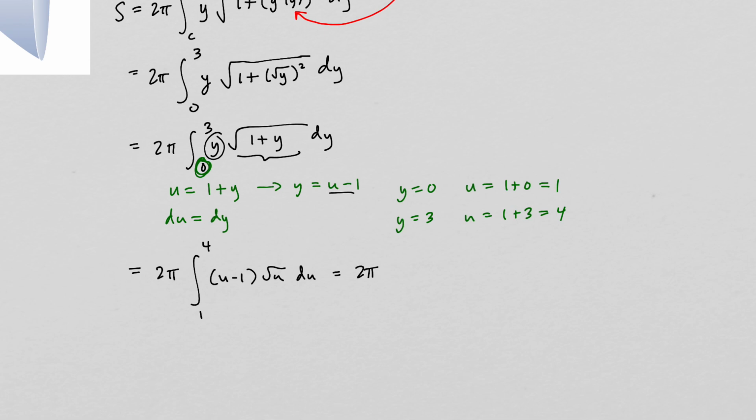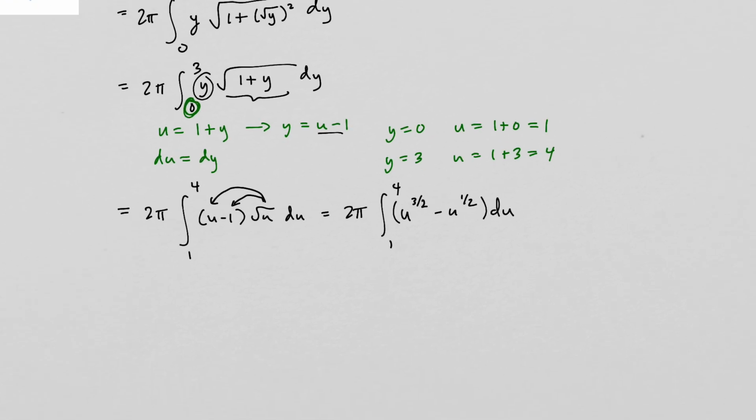From here, we're going to multiply out the integrand. So radical u times u is going to be u to the 3 halves, minus 1 times radical u is radical u, which I'm going to write as u to the 1 half. Let's go ahead and do the integration. We have 2 pi.